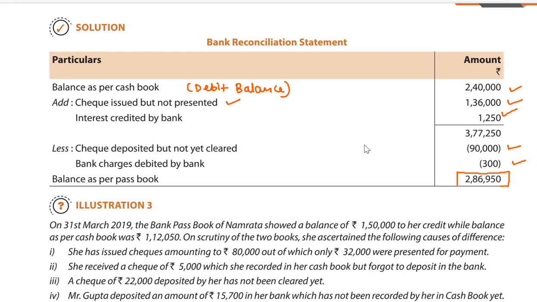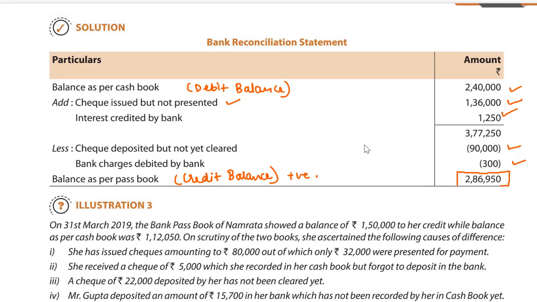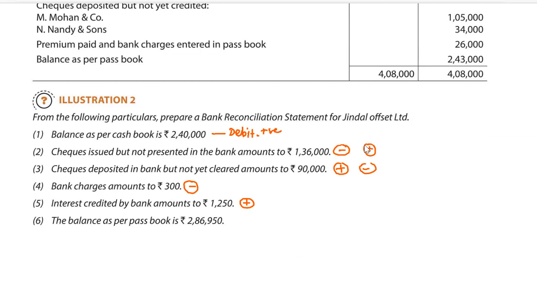The final balance is 2,86,950 positive. Balance as per passbook is 2,86,950. This is which balance? Credit balance, because the positive balance in the bank passbook is known as credit balance. I believe you understood.